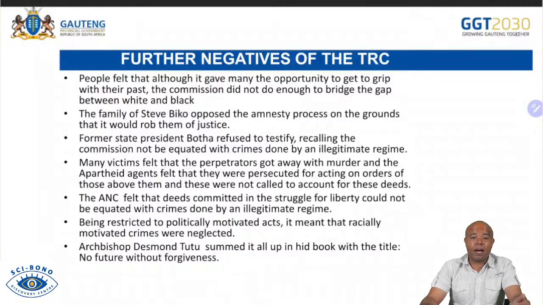For instance, Vlakplaas was a farm where the secret forces used to take the freedom fighters within South Africa, and some of them were buried there on the farm. Some of them were actually tortured severely, and truth was not revealed about what actually transpired on that particular farm.